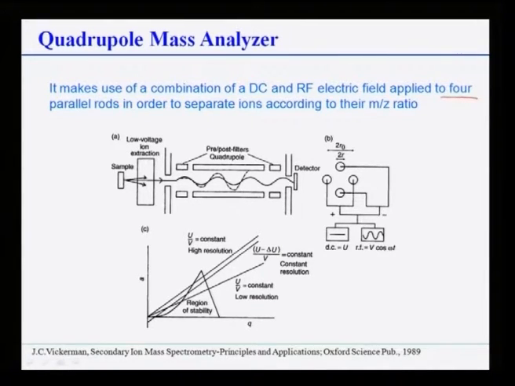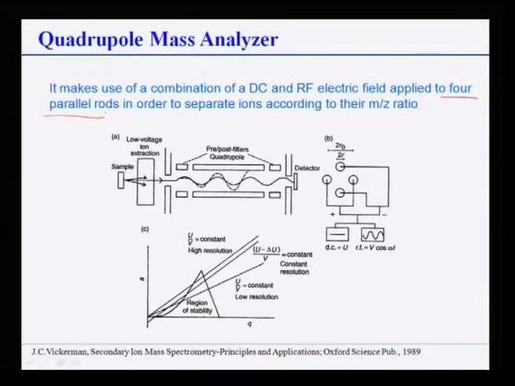Remember, it is applied to 4 parallel rods to separate ions according to their mass by charge ratio. So we are using direct current as well as radio frequency electric field and 4 parallel rods, that is why it is called quadrupole, to separate the ions.